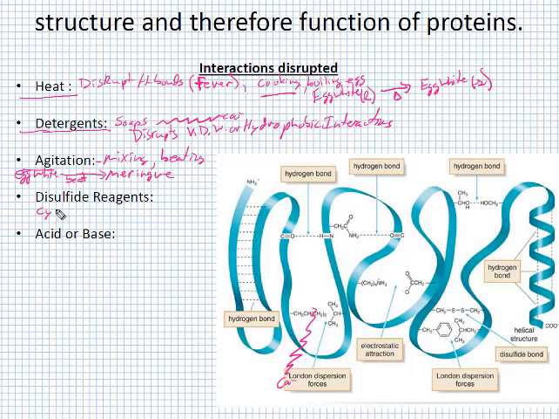Disulfide reagents we talked about. You disrupt the disulfide bonds. I'll put it here. Right, so you reduce these disulfide bonds. So we can put disulfide reagents here.